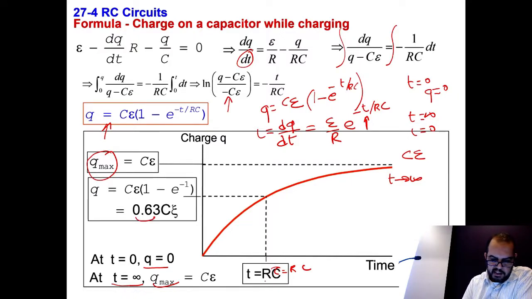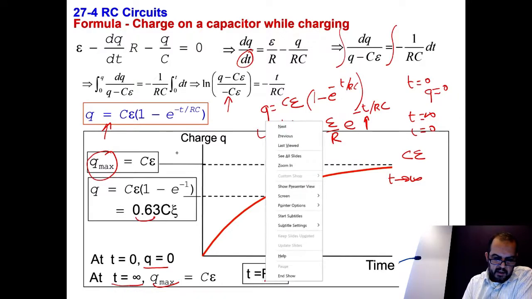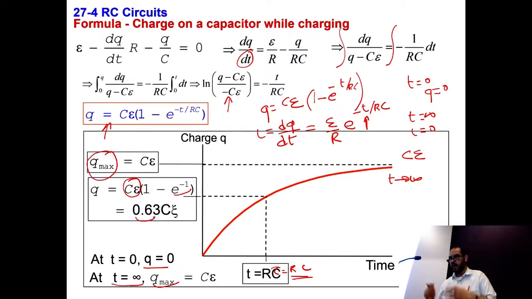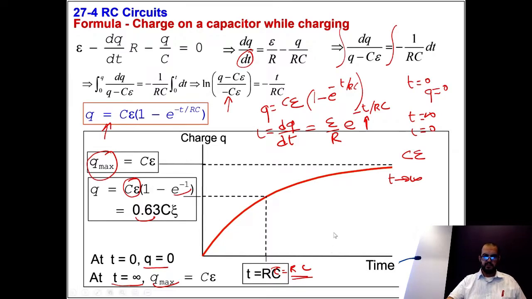So at time t equal to RC, the exponential of minus t over RC becomes exponential minus 1, and this is 0.63 times the maximum charge. Okay, this is what we call the time constant. RC is the time constant of this circuit. It's R times C. And the reason we say it's a time constant is because if you look at the units, you will find that it's in units of time, or seconds.